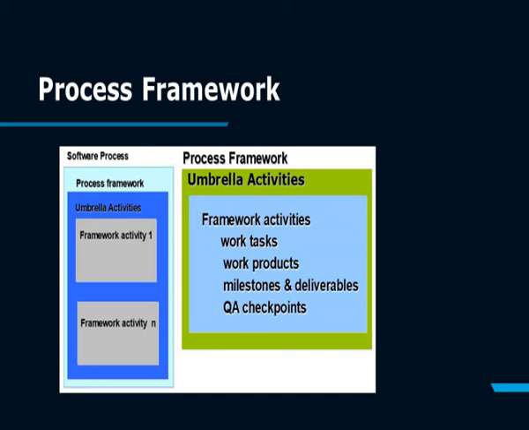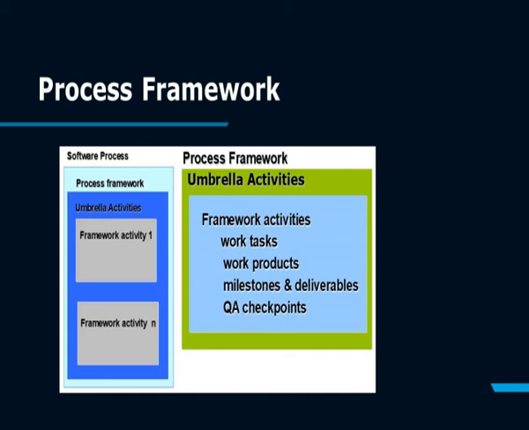Then risk management assesses the risks that may affect the outcome of the project or quality. Software quality assurance defines and conducts activities required to ensure software quality. Formal technical review uncovers and removes errors before they propagate to the next action.